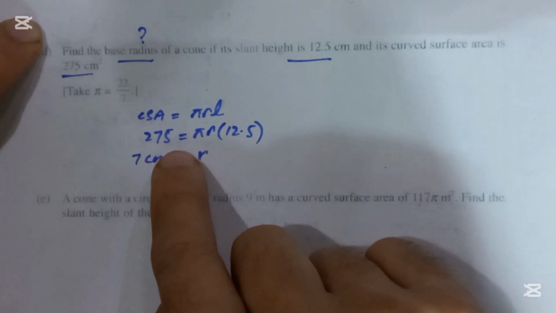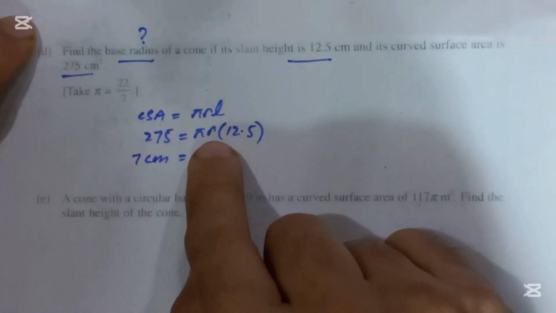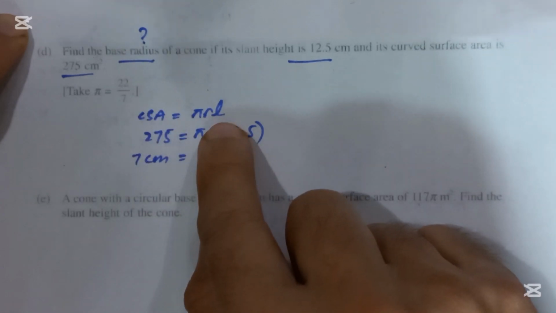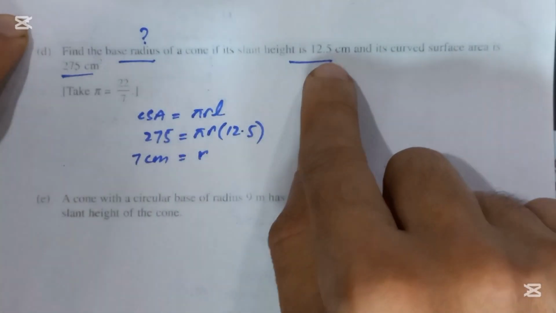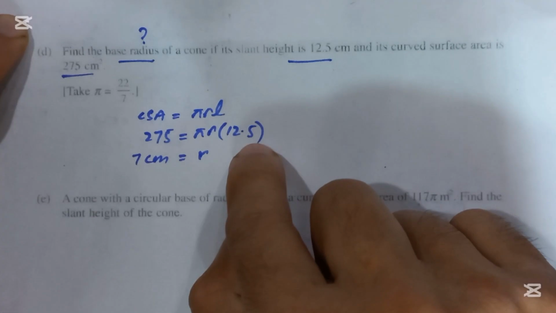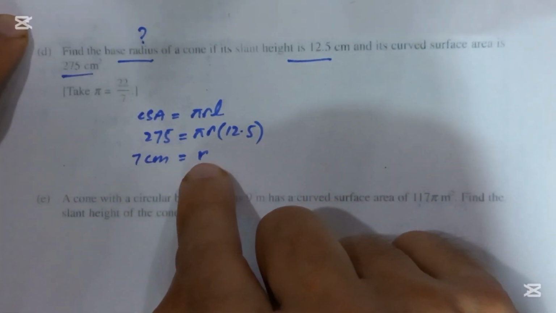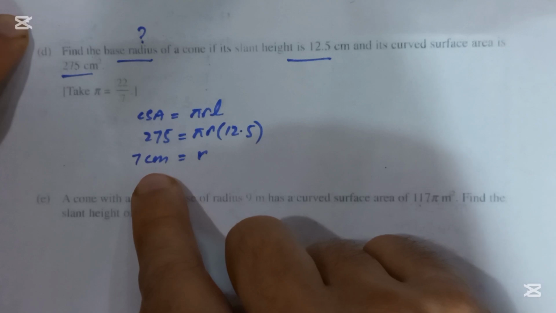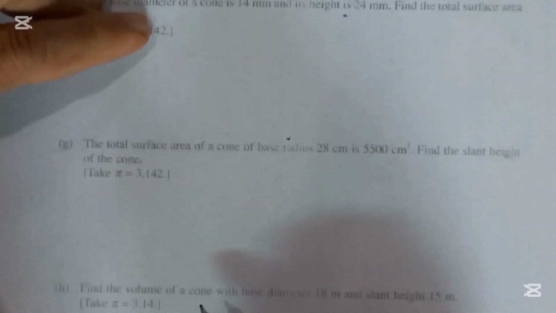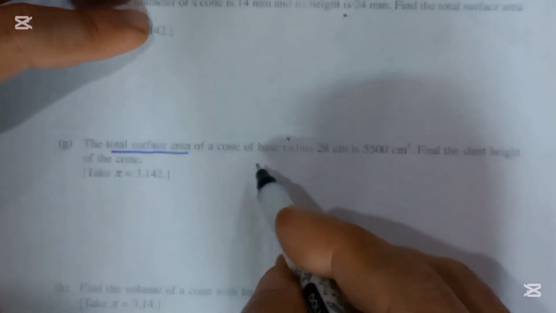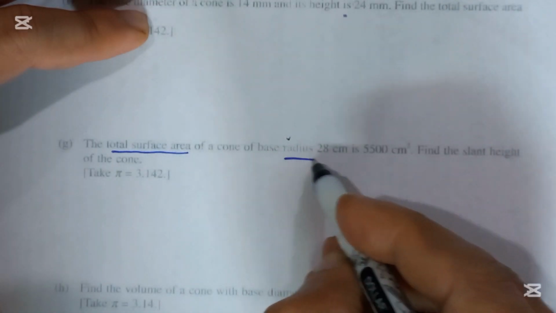So here is equal to, pi will remain the same, r will remain the same because r is the requirement, and the slant height, that is l, is given, that is 12.5. So values are being put in the formula, and now we will use the calculator, and from the calculator the answer will be 7 centimeter.